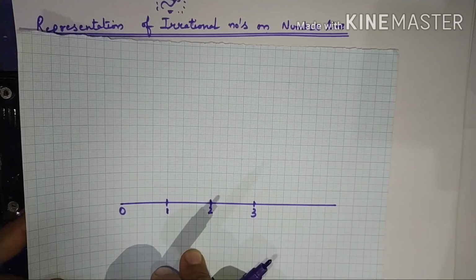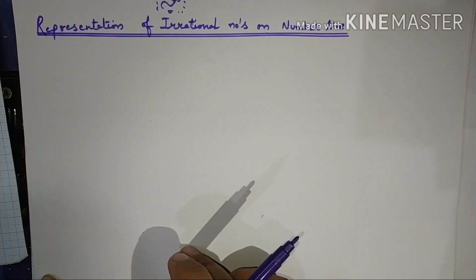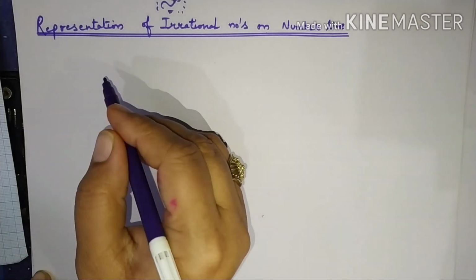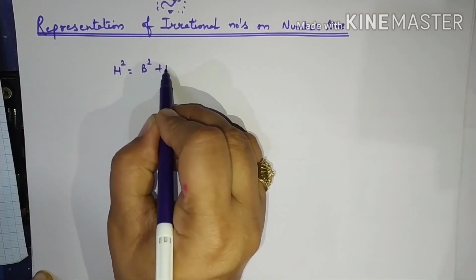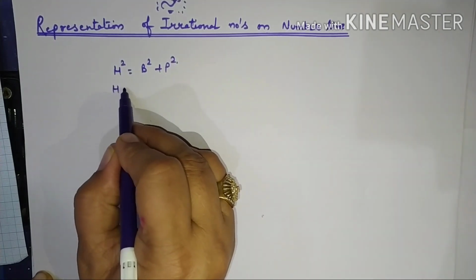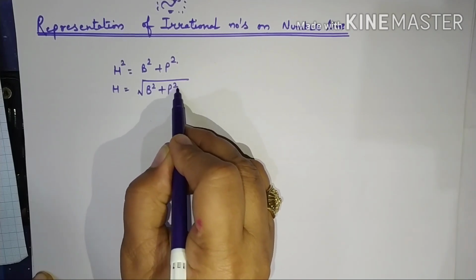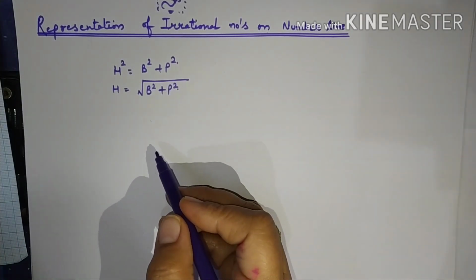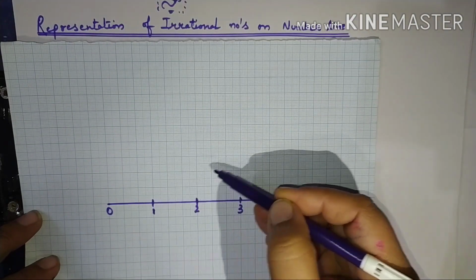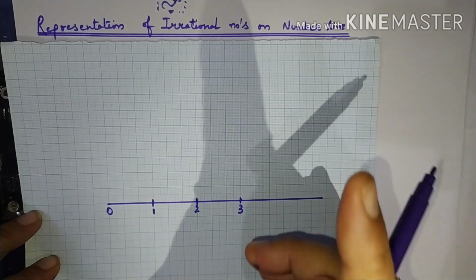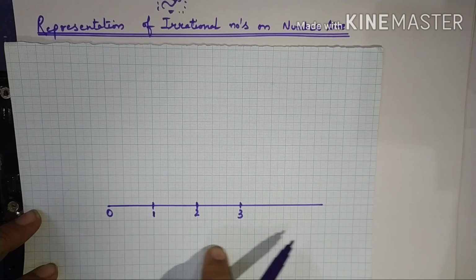Children, as you know, in a right angle triangle we use the Pythagoras theorem: hypotenuse square is equal to base square plus perpendicular square. It means hypotenuse is the square root of base square plus perpendicular square. Here in this graph also, the perpendicular we will take as only one unit for each and every representation.